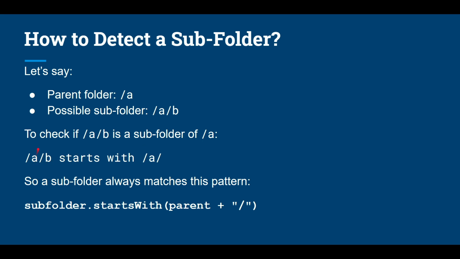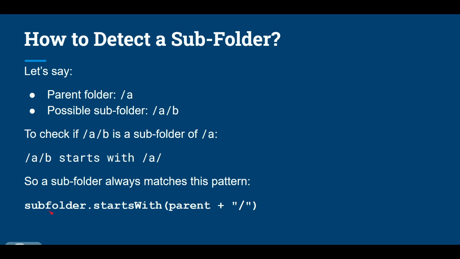We'll say /a/b starts with /a. That is true. So a subfolder always matches this pattern. We'll do subfolder.startsWith(parent + "/"). So this will be our logic to detect the subfolder.